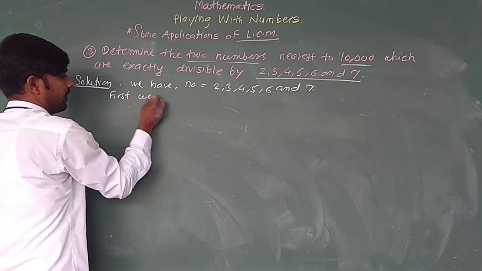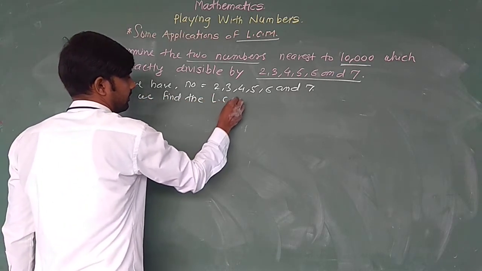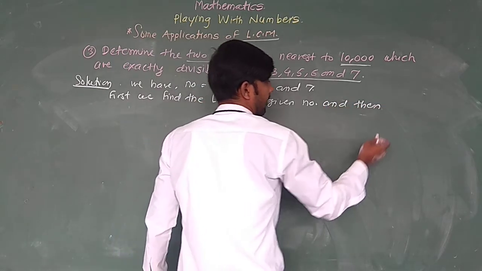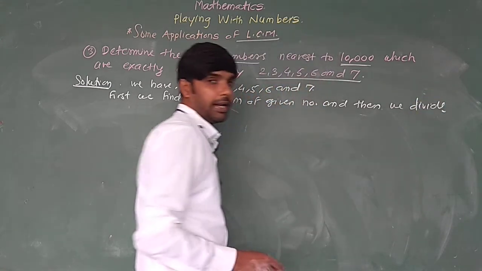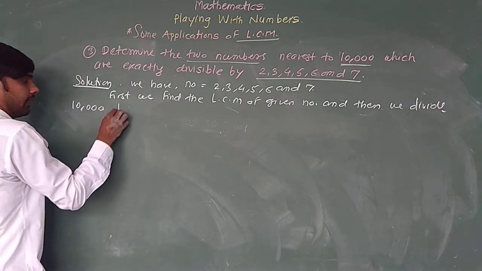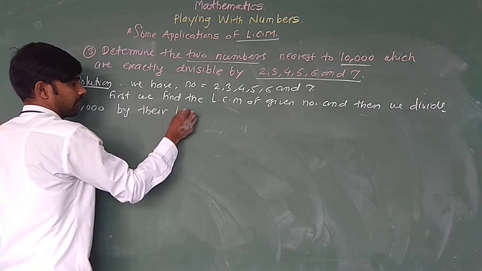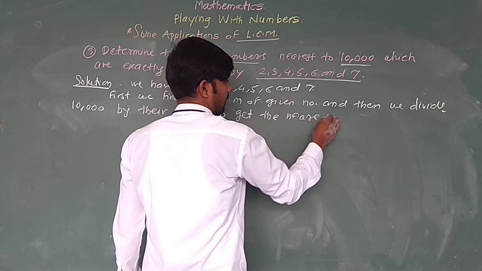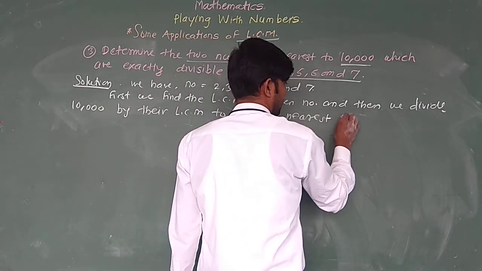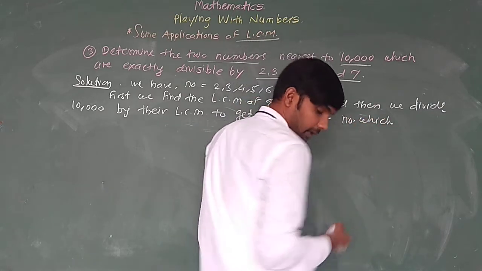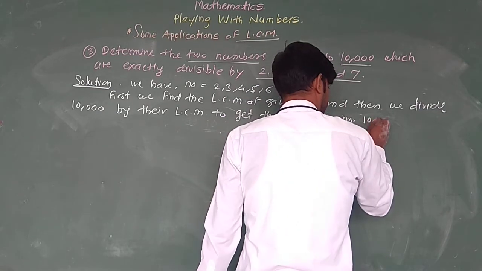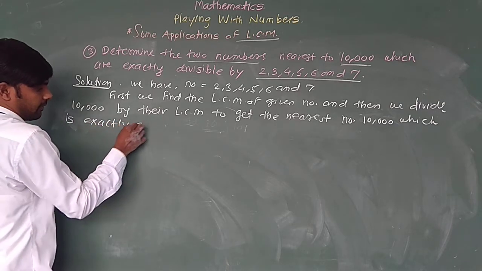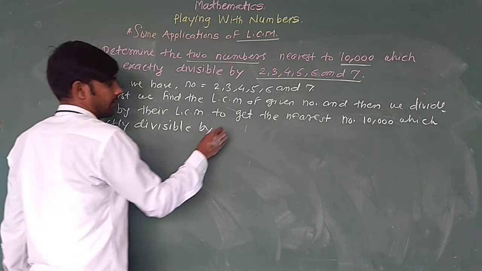First, we find the LCM of the given numbers, and then we divide 10,000 by their LCM to get the nearest number, which is the nearest number to 10,000 that is exactly divisible by the given numbers.